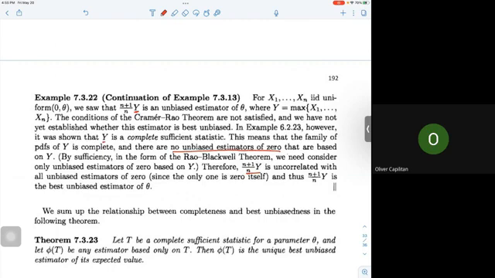So the covariance of (n plus 1) over n times Y and the 0 function is equal to 0. And thus (n plus 1) over n times Y is the best unbiased estimator of our parameter theta.